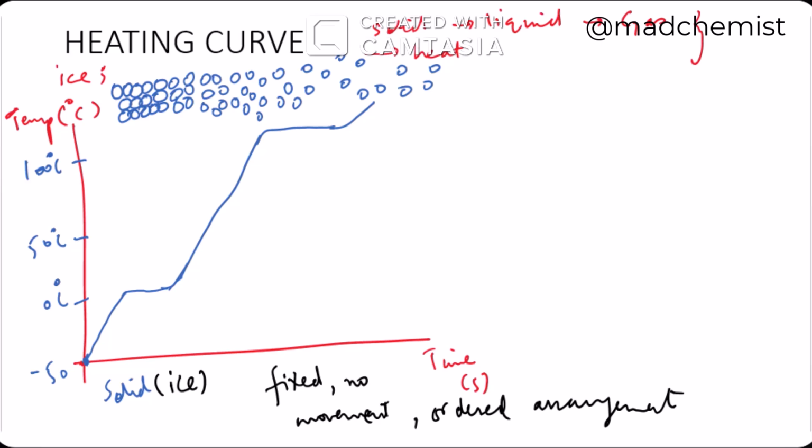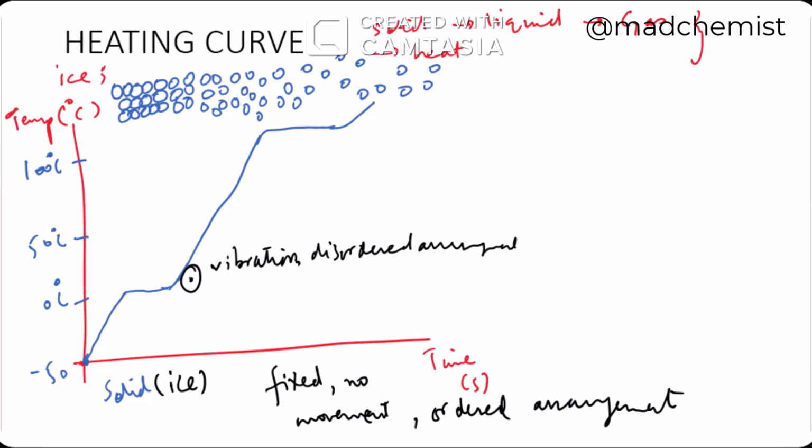So at 0 Celsius, when enough energy is provided to these particles, they show some changes. They start moving, whereas in the solid state they are present without movement. At this point, they start vibrating, and they have some disordered arrangement.